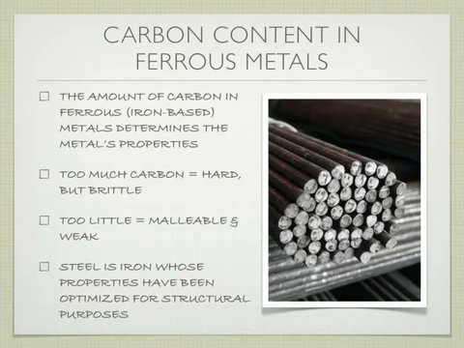If we have too much carbon, a la cast iron, it becomes very hard but very brittle and very unpredictable. If we have too little, we have a very malleable and weak iron. So it's this fine line of trying to identify how much of that carbon is left in the steel or the iron. Steel is basically iron whose properties have been optimized for structural purposes.